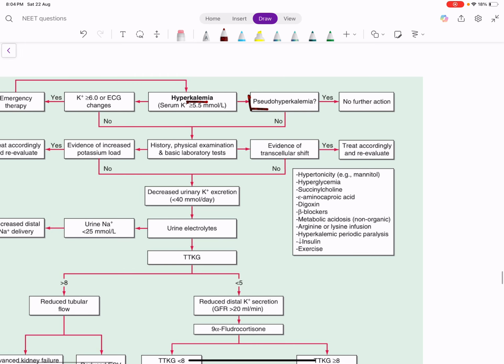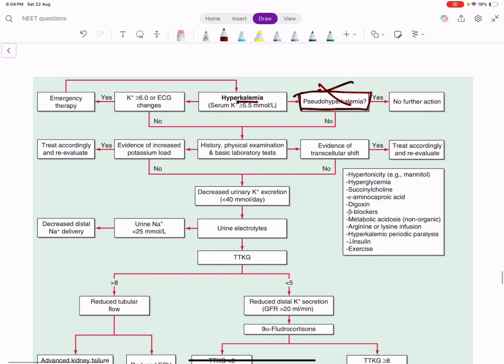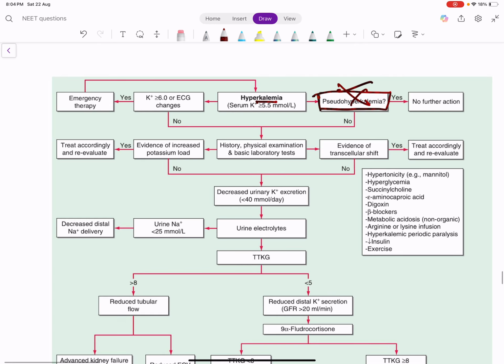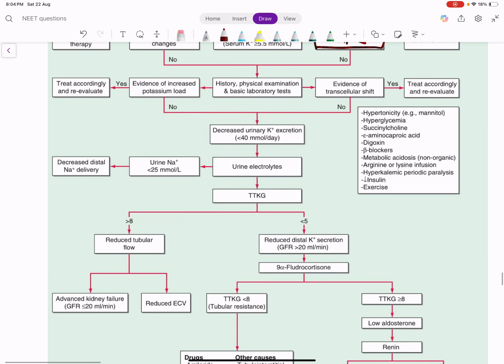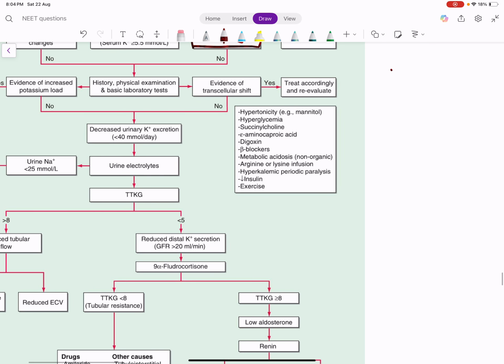Always rule out pseudo-hyperkalemia. Okay. When pseudo-hyperkalemia is ruled out, look for shift, or look for increased intake. Then look for shift, so the opposite of the other conditions.